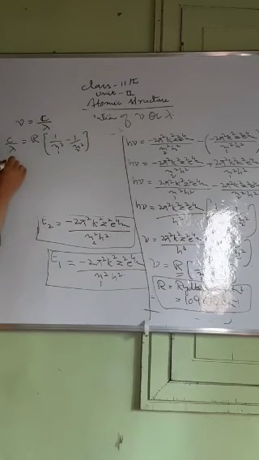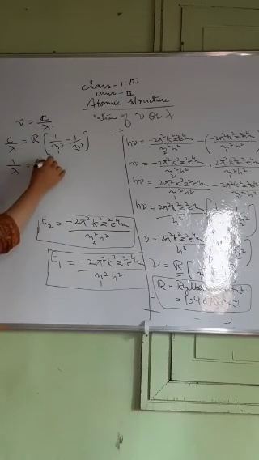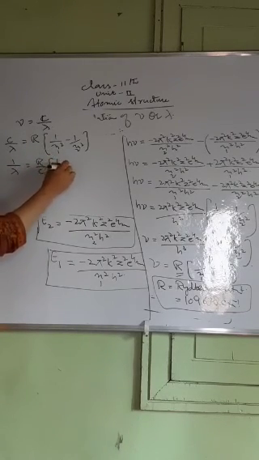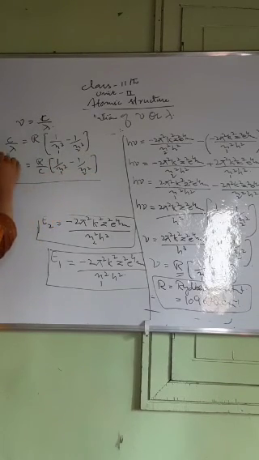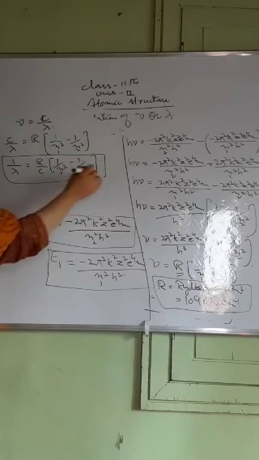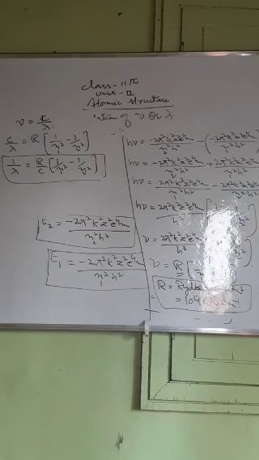So here you have 1 divided by lambda is equal to r divided by c into 1 divided by n1 square minus 1 divided by n2 square. This is the calculation of the frequency and the wavelength of the emitted radiation.